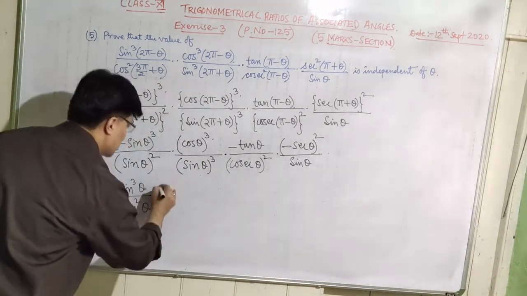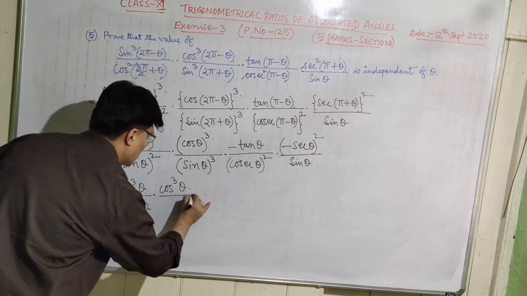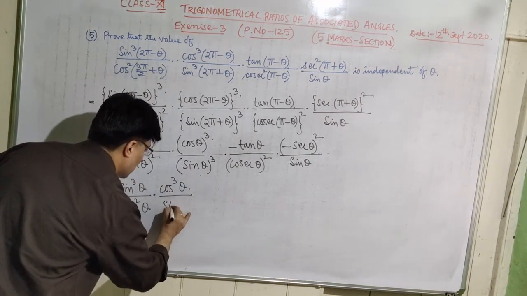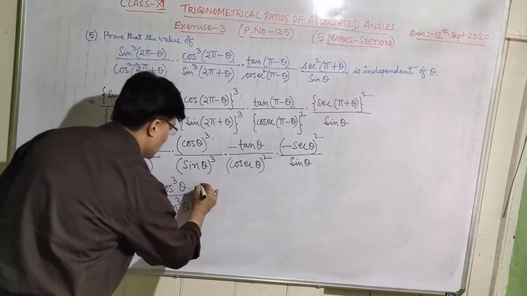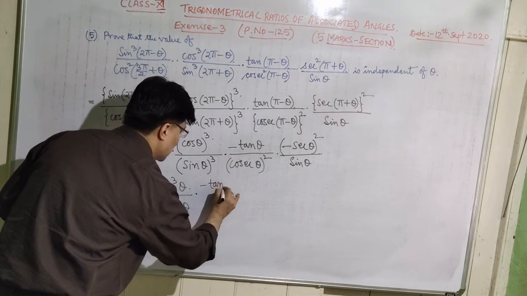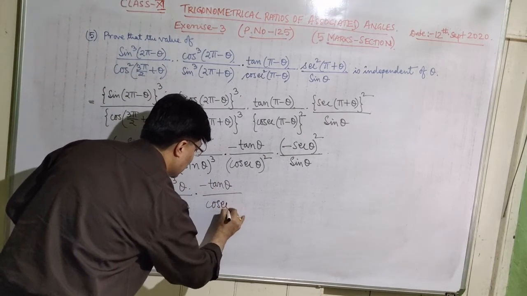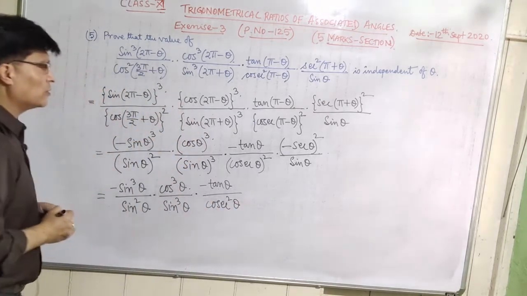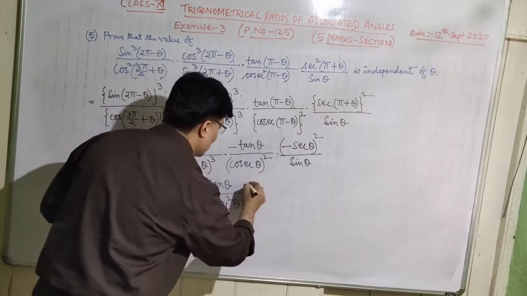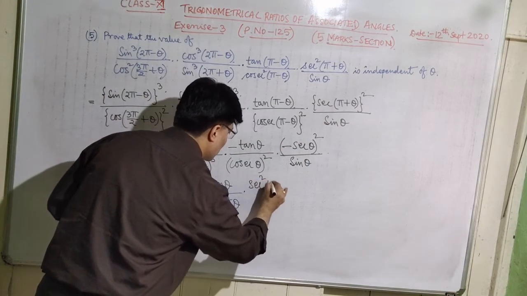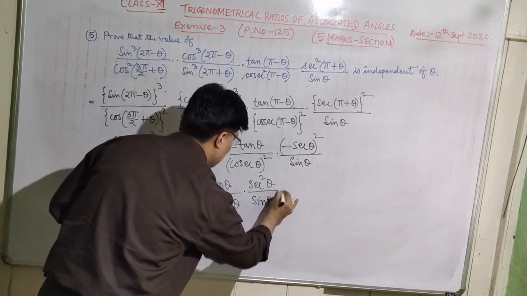Into cos theta whole cube, which is cos cube theta, divided by sine theta whole cube, which is sine cube theta, into minus tan theta divided by cosec square theta, into minus sec theta whole square, which is sec square theta, this whole divided by sine theta.